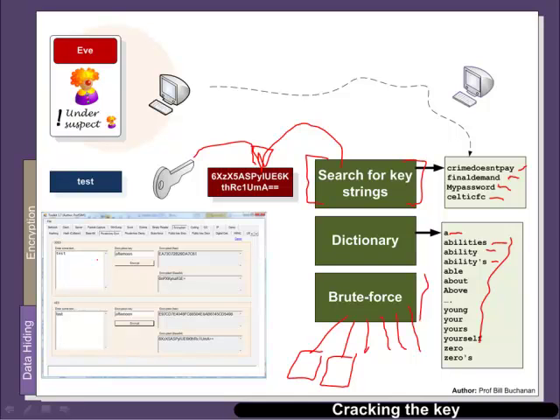Okay, so the principle is that we have encryption, we have our ciphertext, and then through a dictionary it's possible to search through standard terms to be able to find the malicious content.